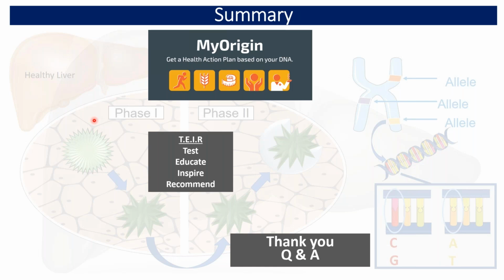I just go over the most basic one, not the one with the gene SNPs or anything like that. I just tell them that there's molecules that get converted to something more toxic, and that more toxic molecule then gets surrounded by a water molecule, and then we eliminate it.